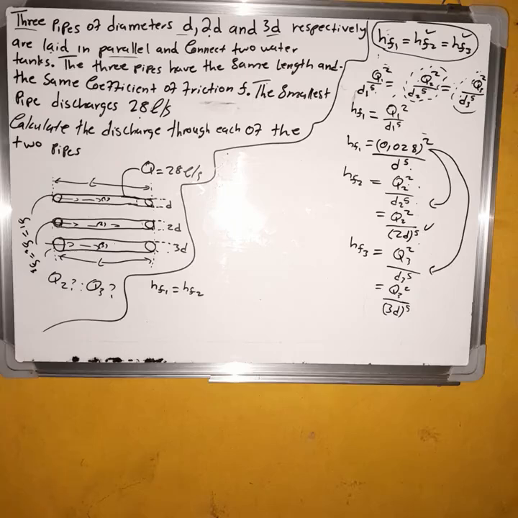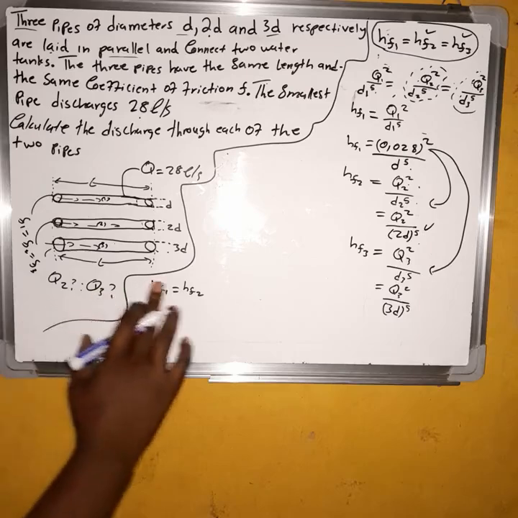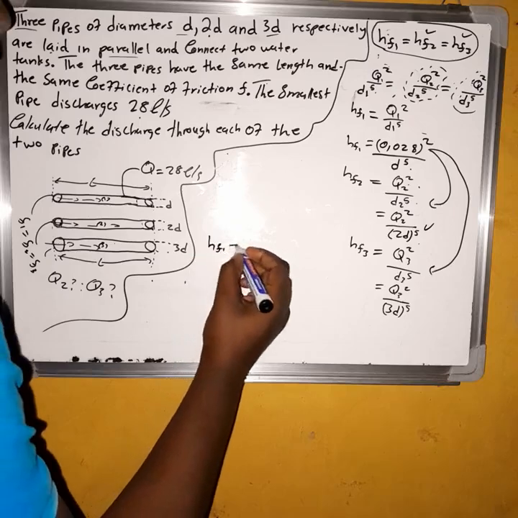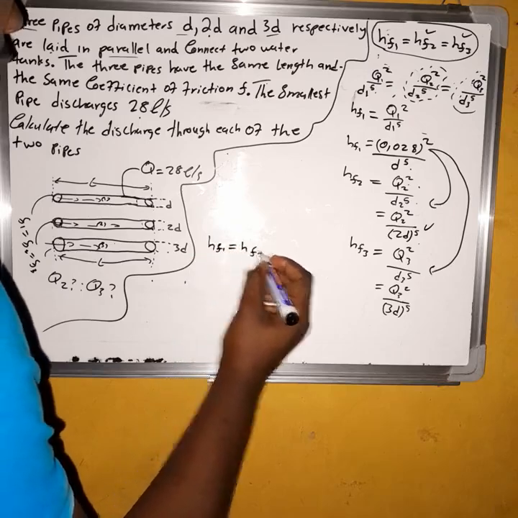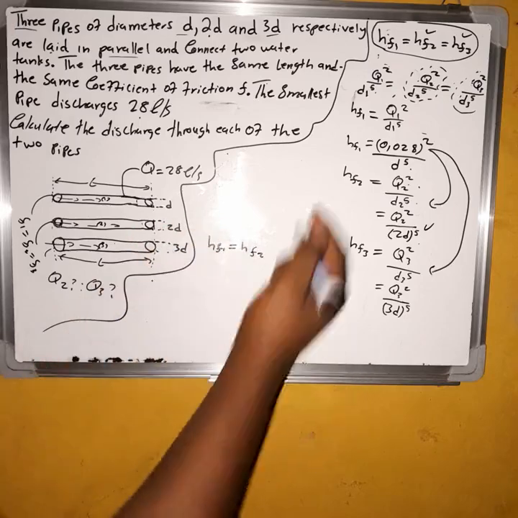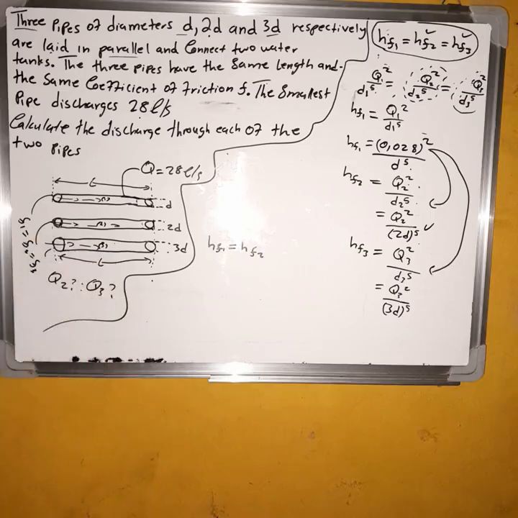I can equate those ones. Right here I can equate HF1 and HF2, because HF1 has two unknowns, which will make life easy, isn't it?